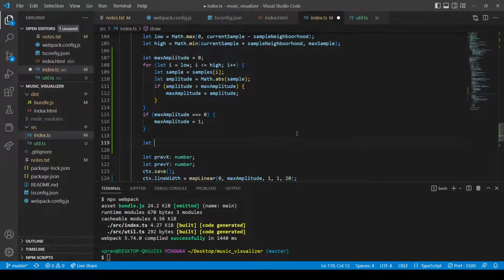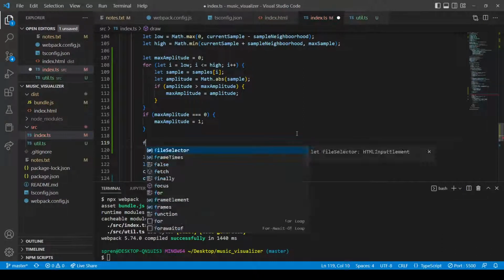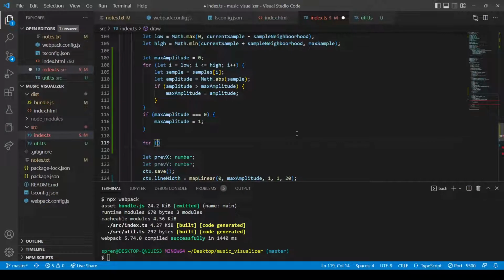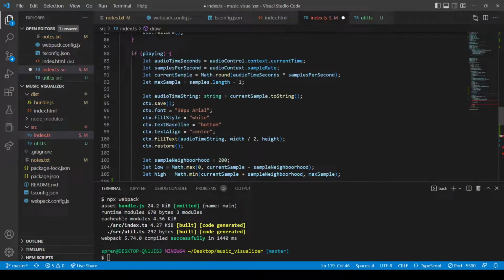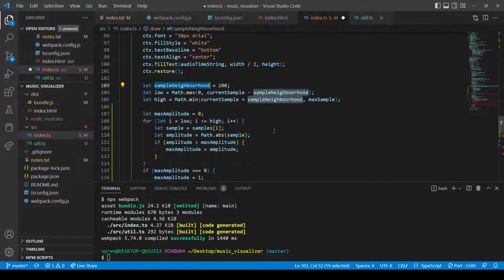So, let's see, it's like 4... No, that doesn't make any sense. What's the max it could possibly be? Sample neighborhood?